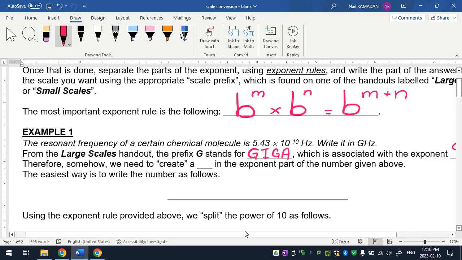Somehow we need to create a 9 in the exponent part of this value right here. The easiest way to write the number is as follows. Give me 2 numbers that add up to 9.